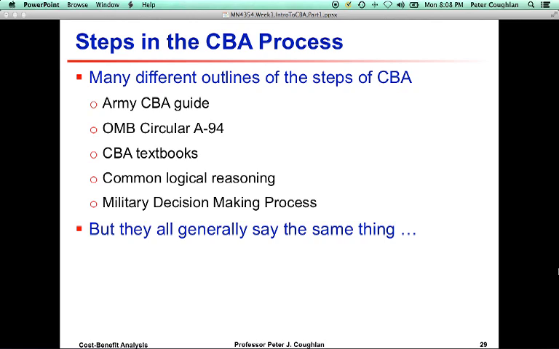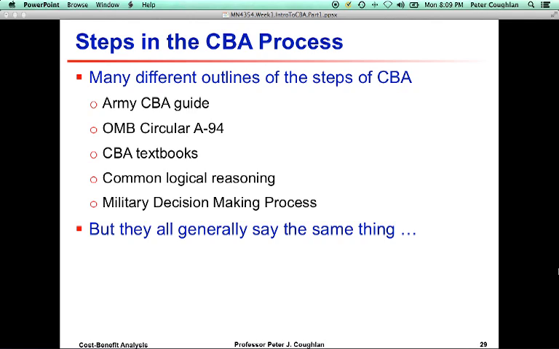Well, there are many different ways that you could talk about the steps of the cost-benefit analysis, right? I've already distributed to you the Army CBA guide, and also OMB Circular A-94. Of course, every cost-benefit analysis textbook has its own list of steps. Basic common logical reasoning will get you a long way there in terms of what makes sense to do.